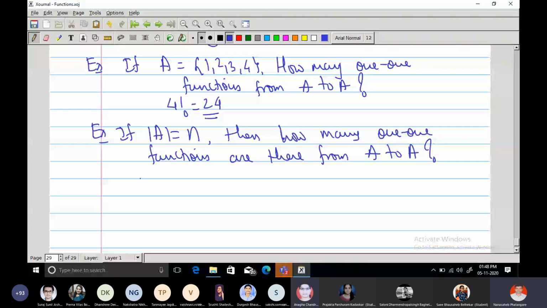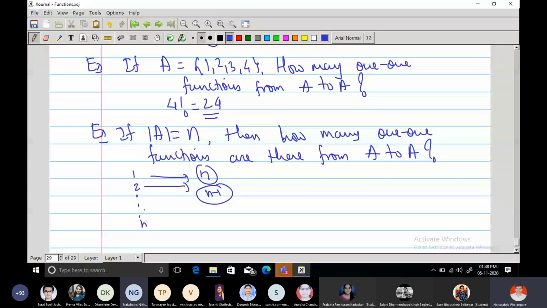A has n elements 1, 2, 3 up to n. So the first element has n choices because the codomain also has n elements. But then 2 has how many choices? Because one element is already occupied by 1, it has only n minus 1. And 3 has n minus 2 choices because 2 elements are already occupied, and therefore n has only one choice. So if you count all the ways, there are n into n minus 1 into n minus 2 up to 2 into 1, which is n factorial 1-1 functions.